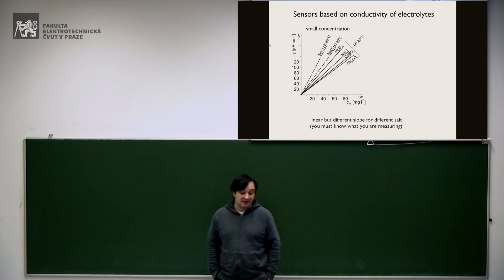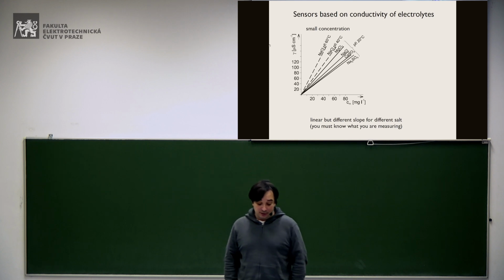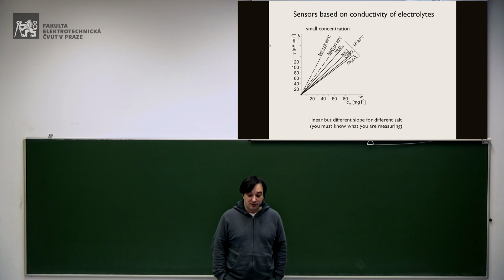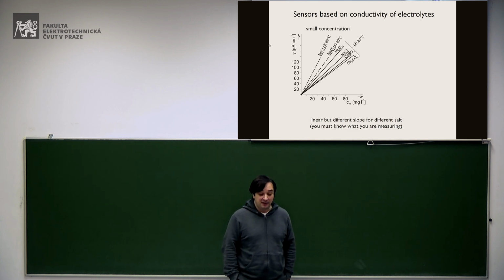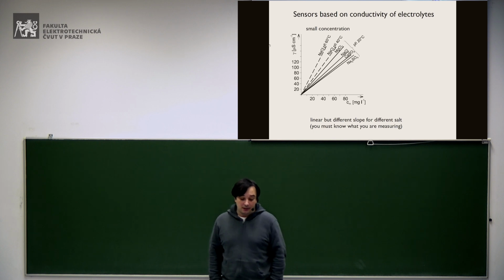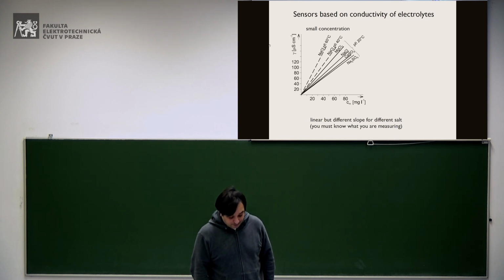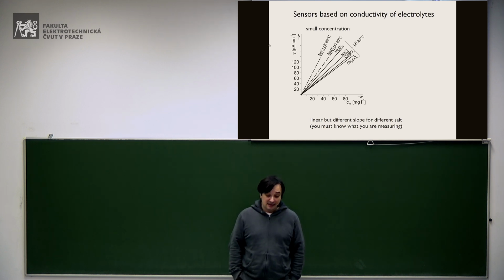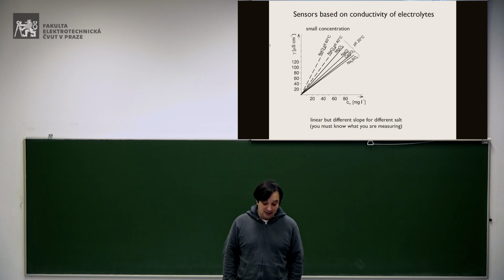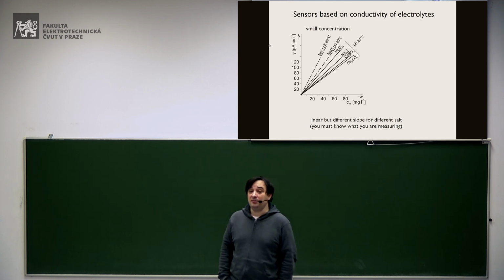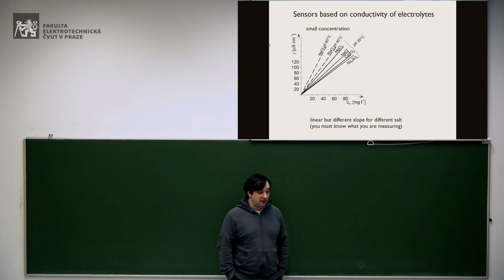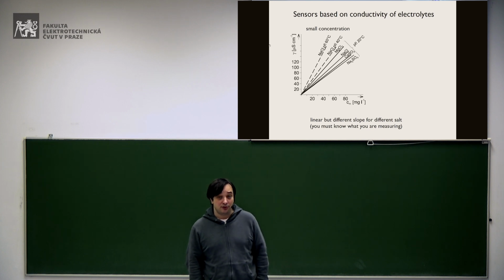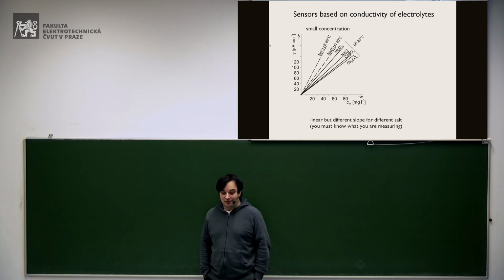And we saw that at least for small concentration, you can derive the concentration of the salt in the liquid by checking the electrical conductivity of that solution. Of course, this is pretty linear. That's nice. But as I've already mentioned, it turns out that the slope depends quite a lot on the type of salt that you have in the solution. So you must know what you are measuring.